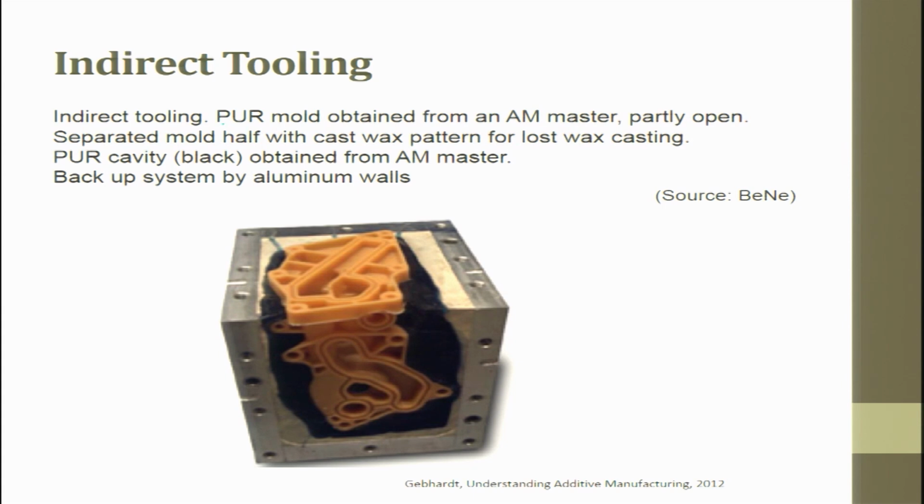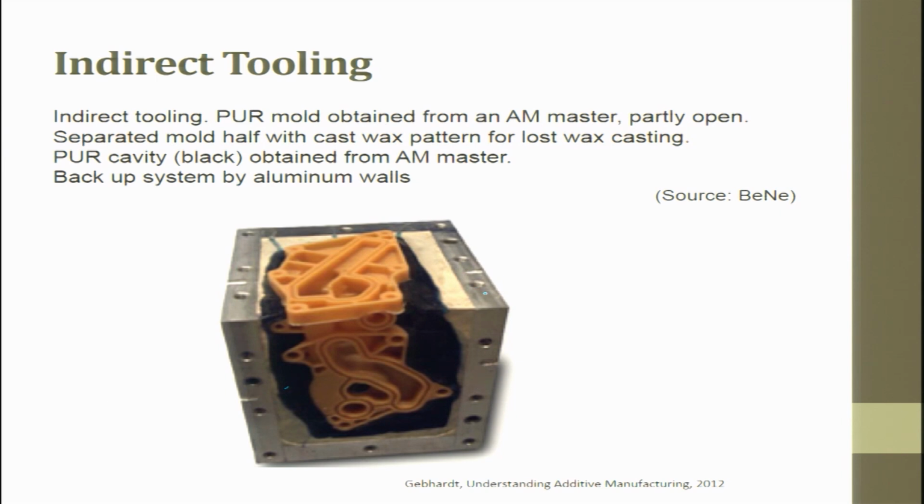Indirect tooling: PUR mold obtained from an additive manufactured master, partly opened, separated mold half with cast wax patterns of the lost wax casting technique is here. The cavities which are black are obtained from the AM master, backed up with an aluminium wall.